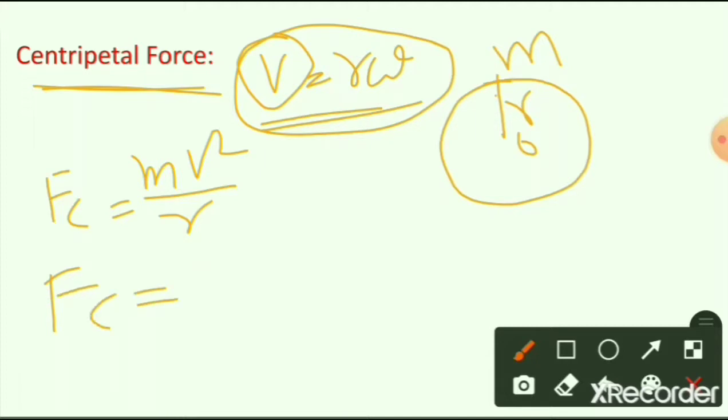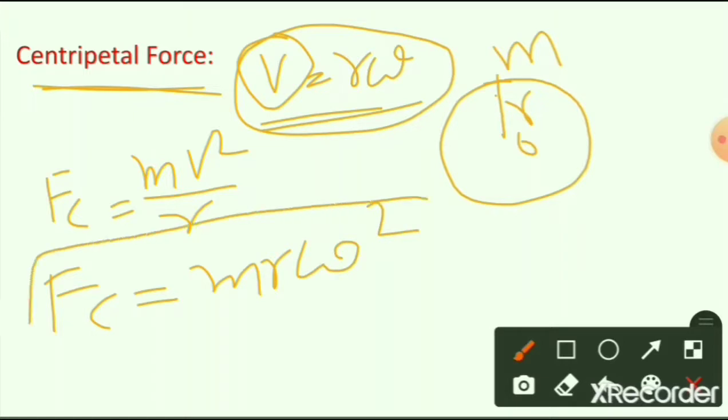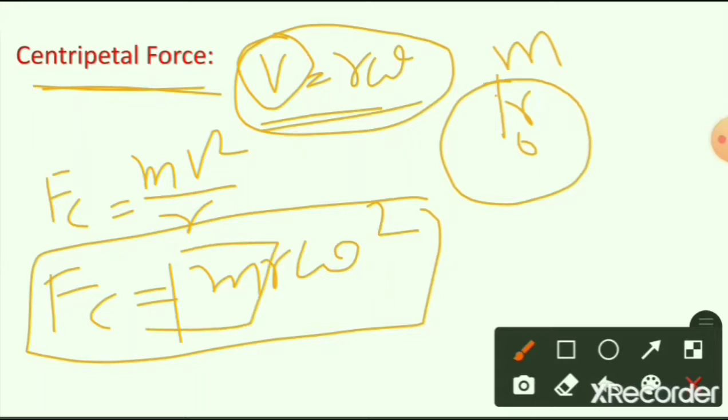Fc equal to m R omega square, where v is the velocity, m is the mass of the object, R is the radius, omega is the angular velocity. Centripetal force is a real force.